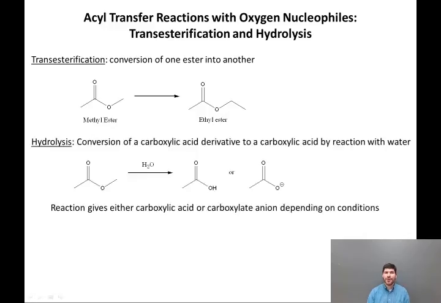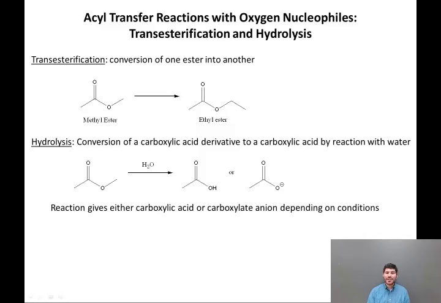Hydrolysis is a term you have seen before, and that is breaking something apart with water. What that means in this case is that we are converting a carboxylic acid derivative into a carboxylic acid or its conjugate base, namely the carboxylate anion, by reaction with water, at least as one of the reagents.